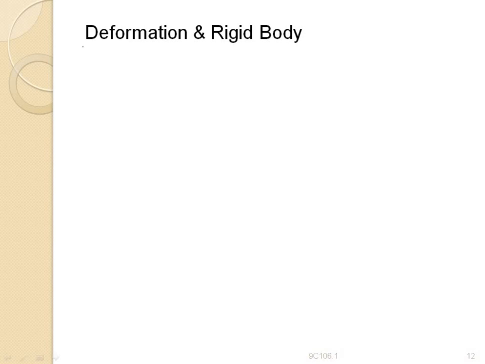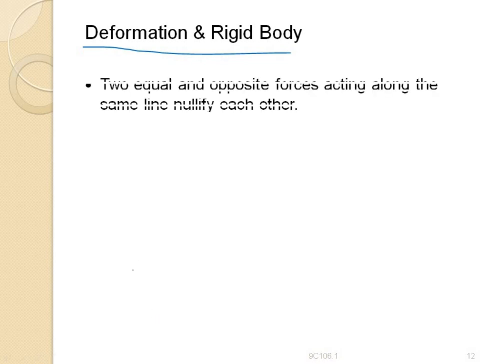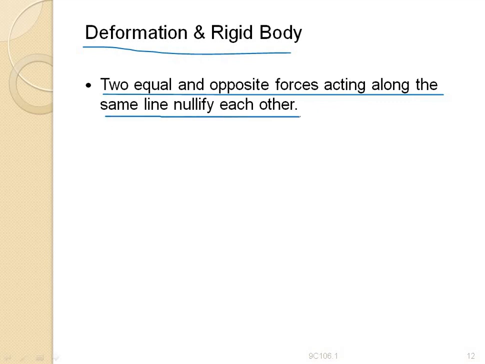So next is deformation and rigid body. What is deformation and rigid body? Two equal and opposite forces acting along the same line nullify each other. That means the two equal and opposite forces acting along the same line nullify each other.